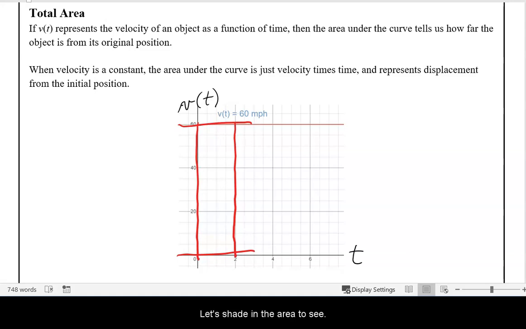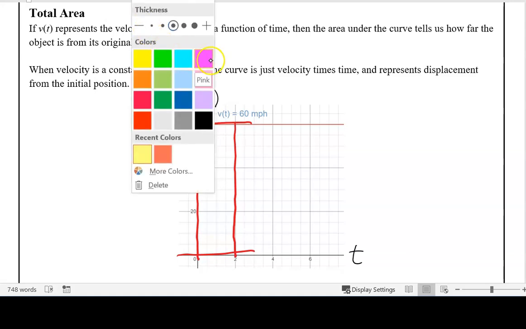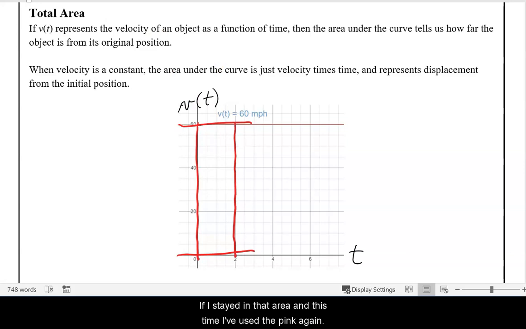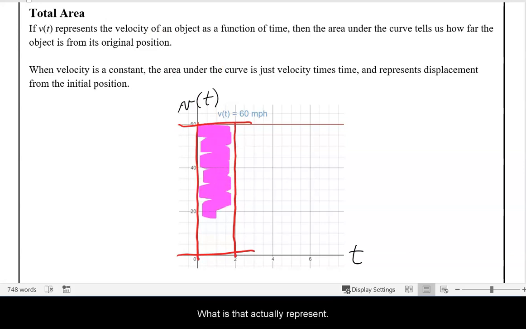Let's shade in the area to see. If I shade in that area, and this time I've used the pink again, what does that actually represent? Since that's a rectangle, I can easily compute the area. I know that it is 2 wide, and that represents time, so that must be 2 hours wide.